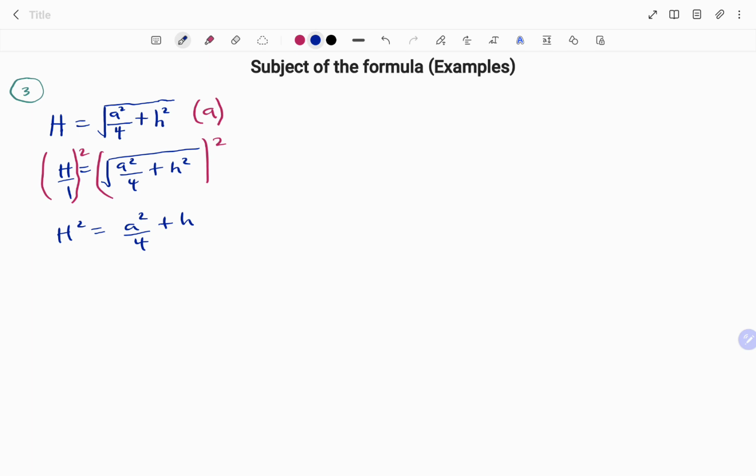I'm looking for a, so I can first of all get rid of my h squared. Because it's plus h, that means I'm going to subtract h squared from both sides. I have h squared minus small h squared equals a squared over 4 plus h squared minus h squared. This cancels.